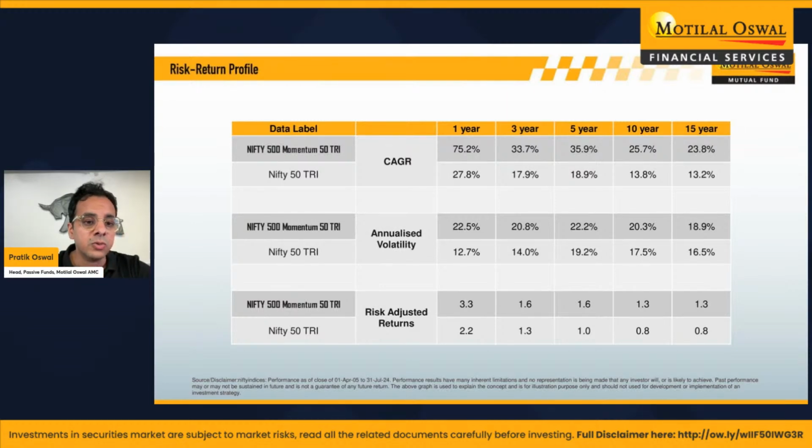Our job is just to replicate it into a mutual fund. If Nifty tomorrow comes up with a rebalance and tells us that, as of July, you have to have these stocks in this proportion, all we do is replicate it, nothing else. Our job is to make sure that the tracking error between the fund and the index is as low as possible. And there's good news for you, Amit.